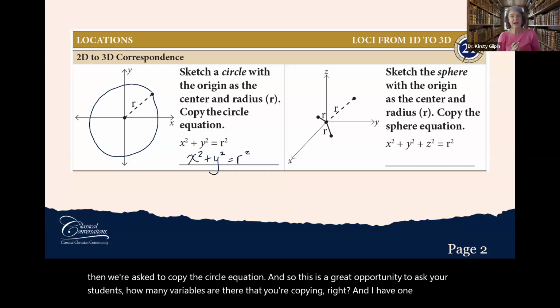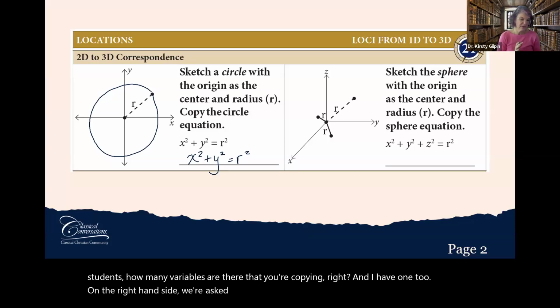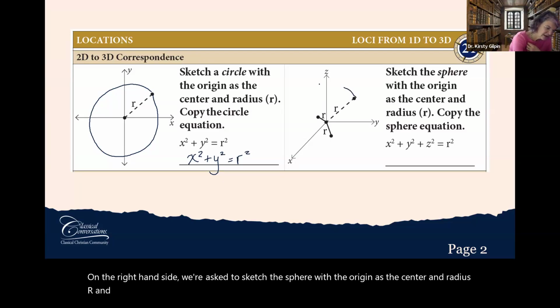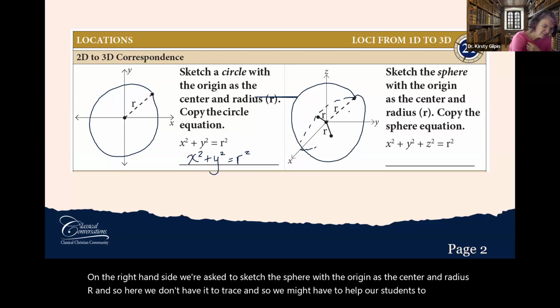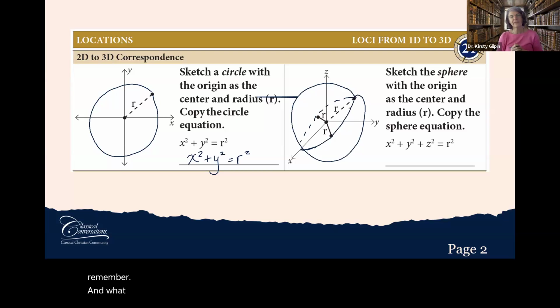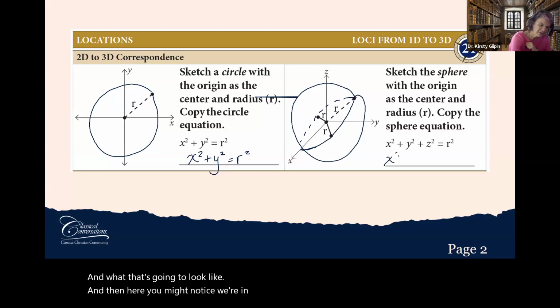On the right-hand side, we're asked to sketch the sphere with the origin as the center and radius r. Here we don't have it to trace, so we might have to help our students remember what that's going to look like. Then you might notice we're in 3 dimensions, so how many variables do I have? I have 1, 2, 3.